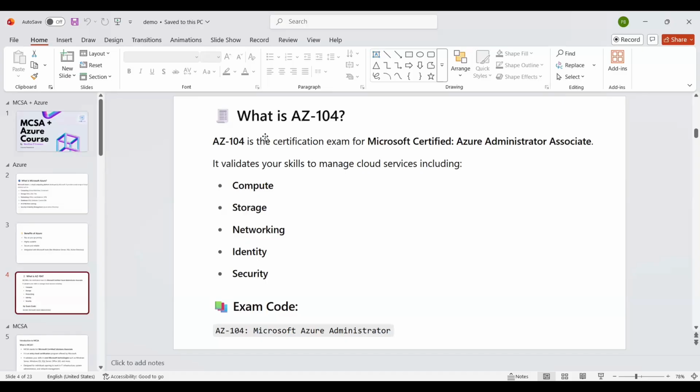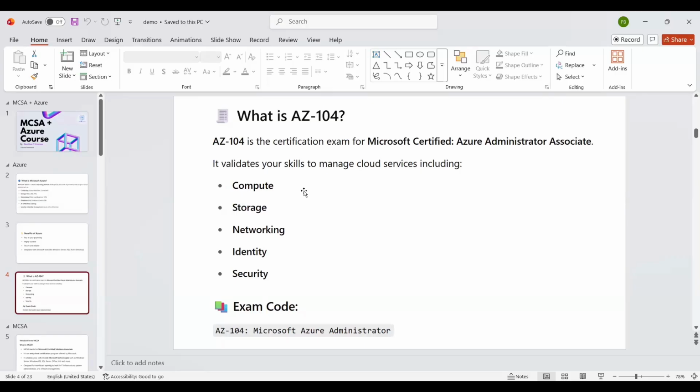After giving the examination, you will get certified by Microsoft and you will earn the Microsoft certification, Azure Administrator Associate. This will validate your skills on Azure cloud services like computing services, storage services, networking services, identity, and security. These are the areas that are going to be covered inside our AZ-104.